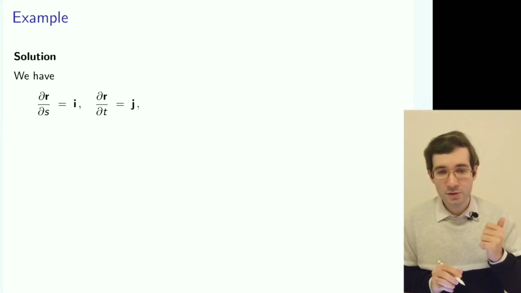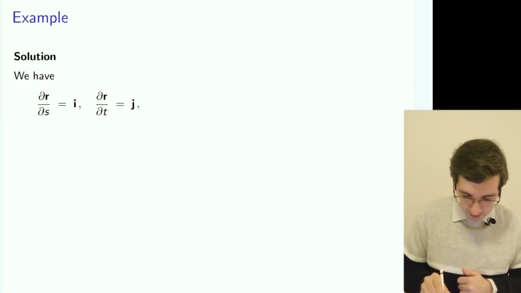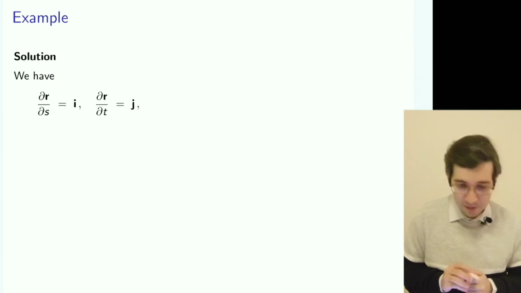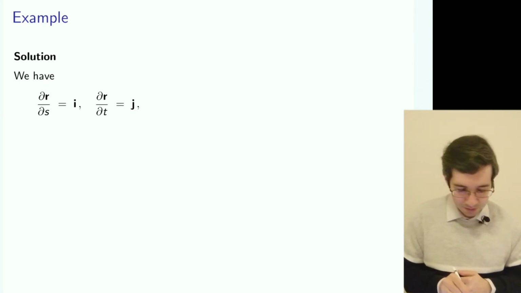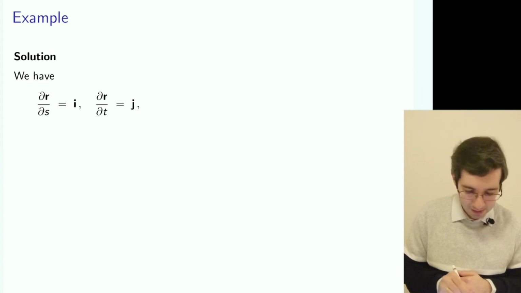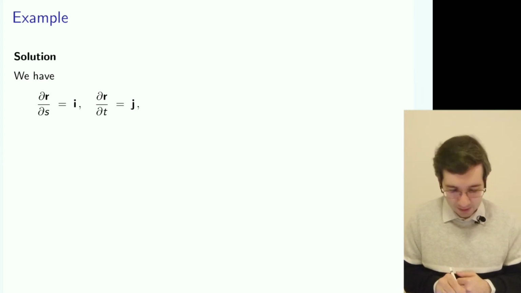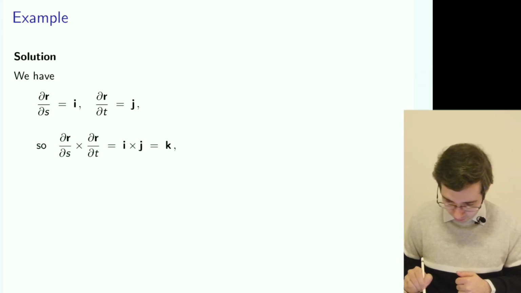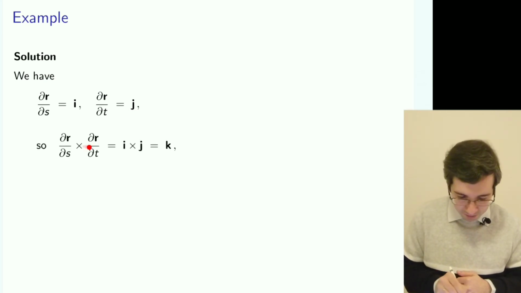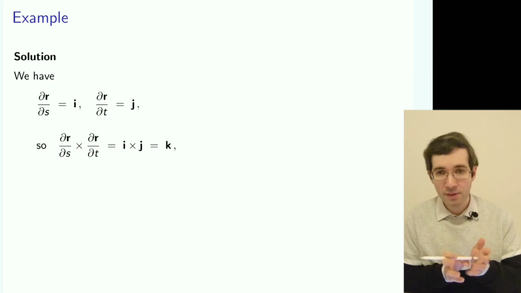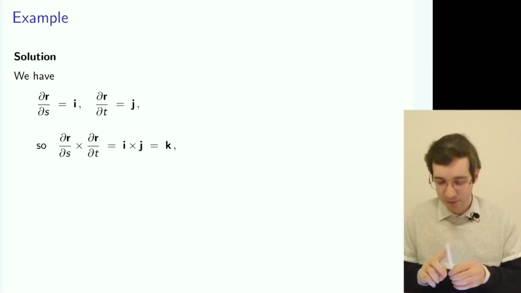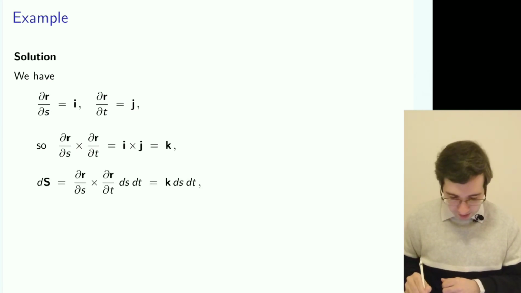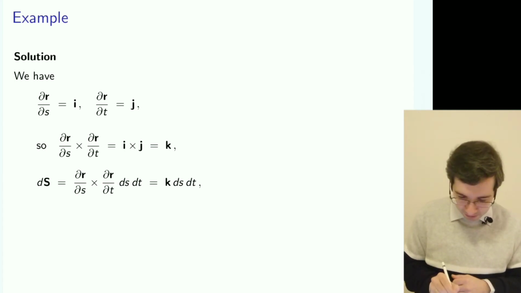We first need to find the derivative with respect to s. So we differentiate first with respect to s, then with respect to t, and then we put it together using the cross product, and the cross product of that will be k towards the z direction, and that gives us the right expression for the surface element.